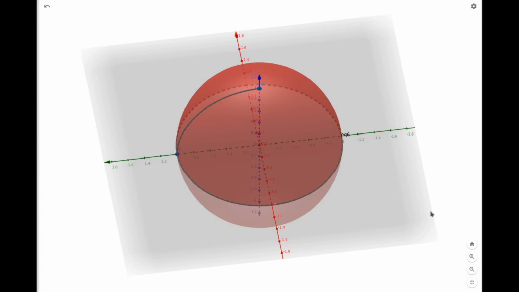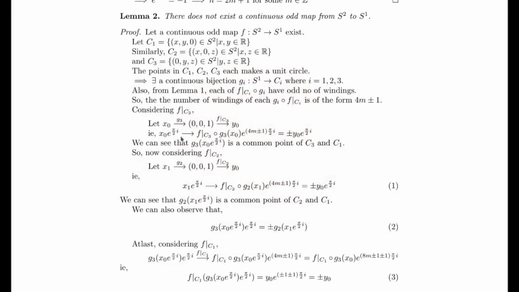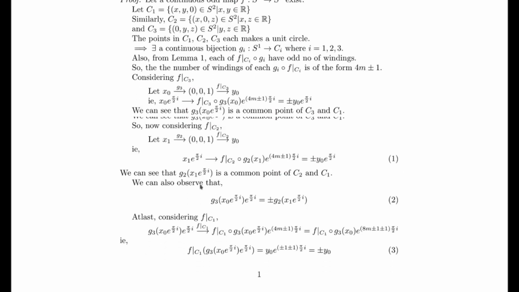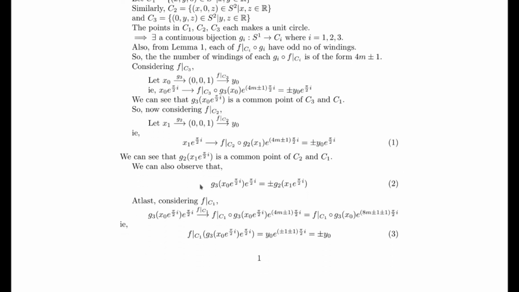Now on to the next circle. As f already mapped (0, 0, 1) to y0, the restriction to C2 doesn't alter it, because it's just a restriction of f. So the mapping should be the same.